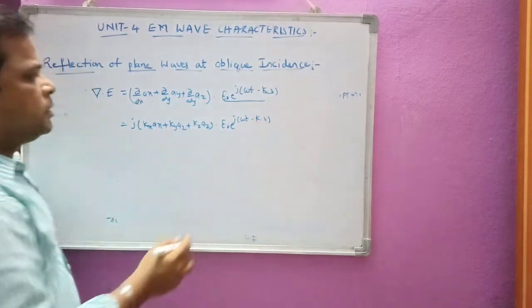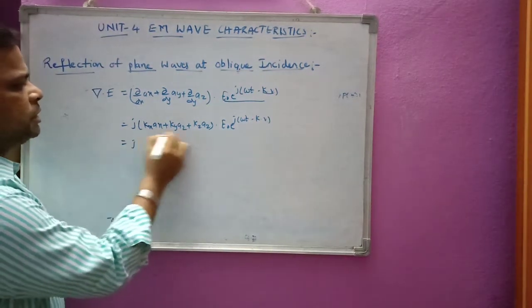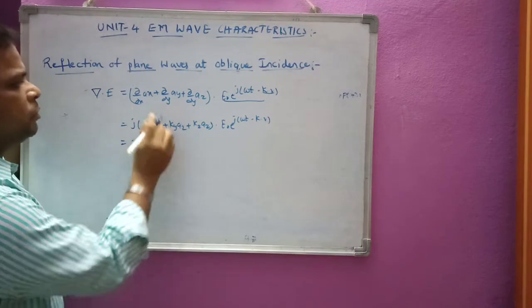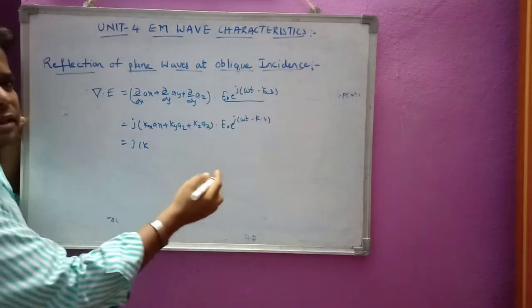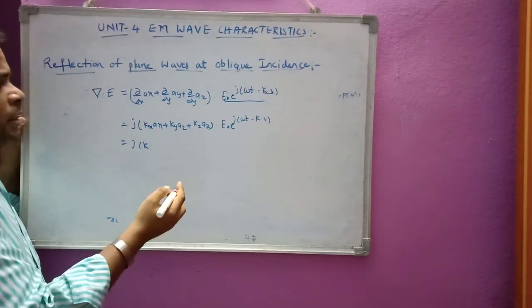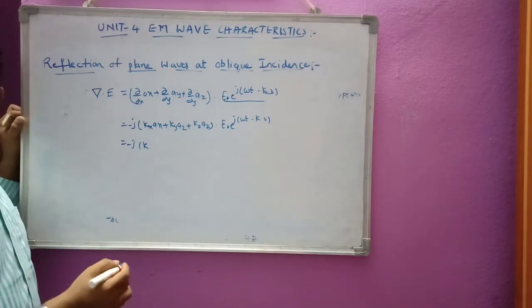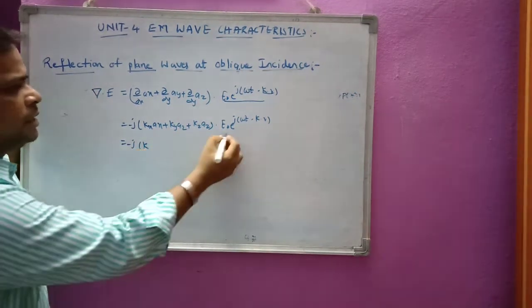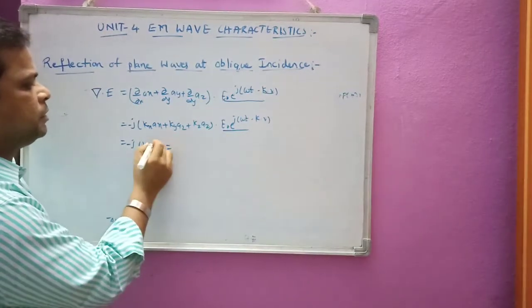So this is equivalent to j into k here. We know how we get this equation: k dot r is equivalent to x kx plus y ky plus z kz. That is actually minus j k dot E.